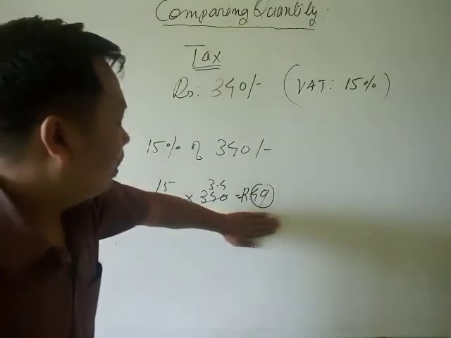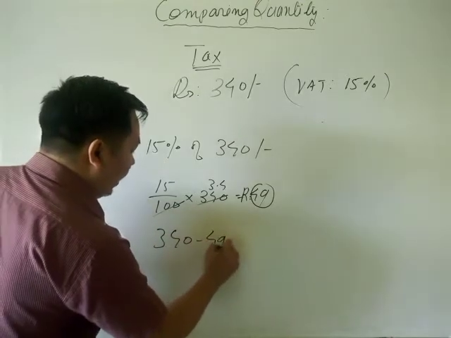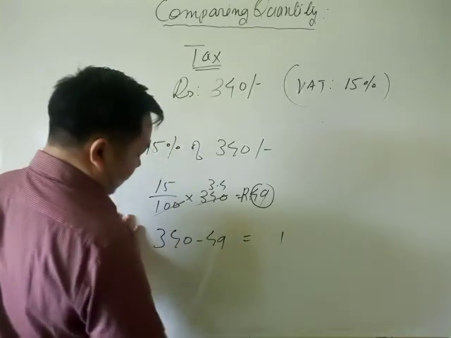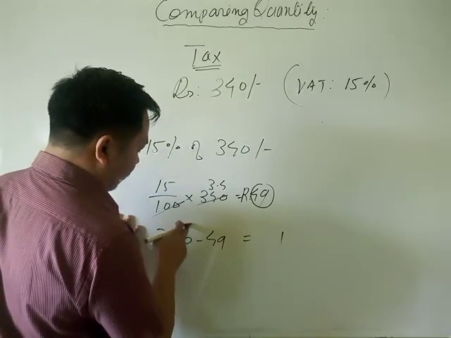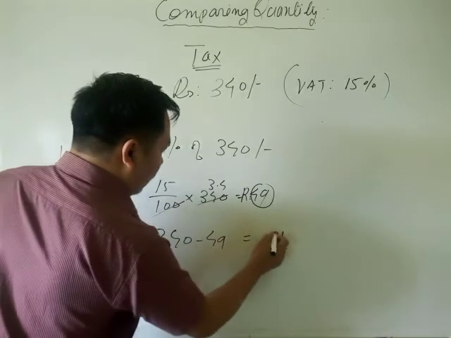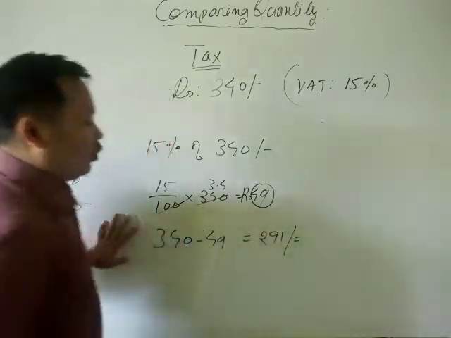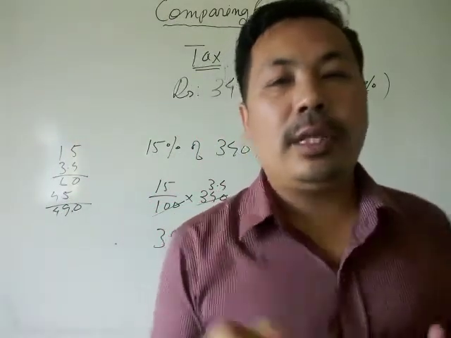So we have to subtract this amount from 340. How much will we get? 291 was the original price before the tax. Tax is already added here.